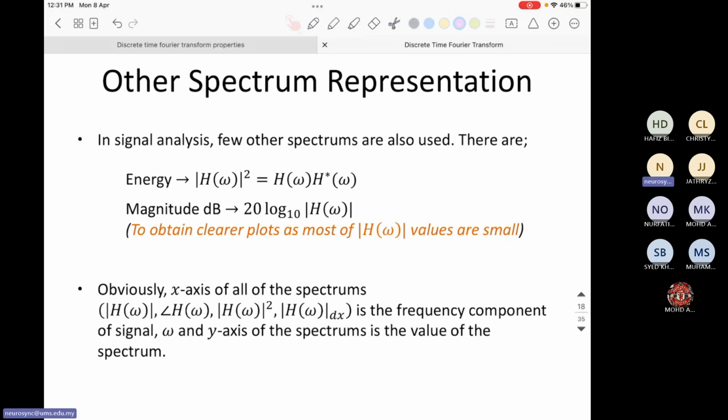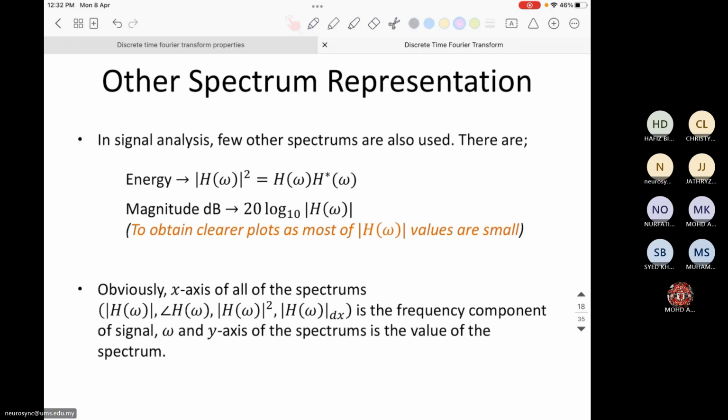So 20 log 10 mod of H of omega is the formula for magnitude in dB. And the energy is nothing but the magnitude square, which we can say is H of omega into the complex conjugate of H of omega. Then you will get the energy term.